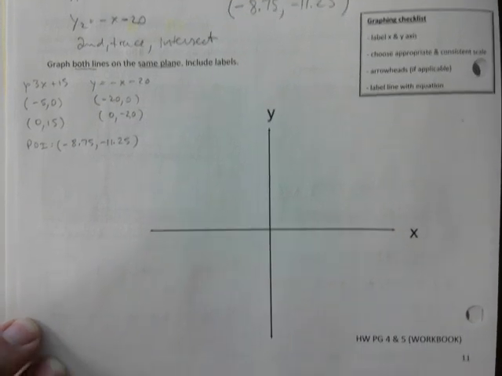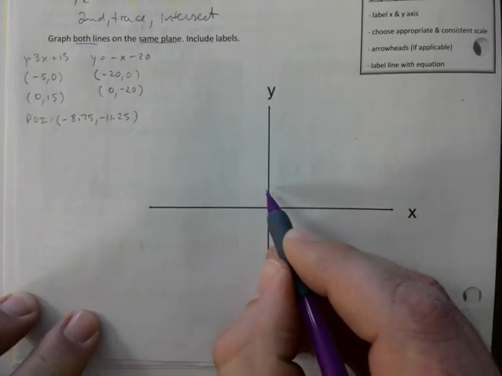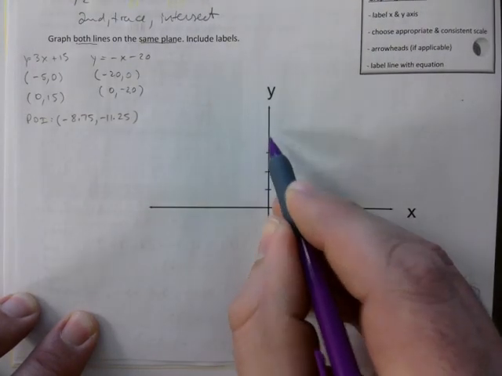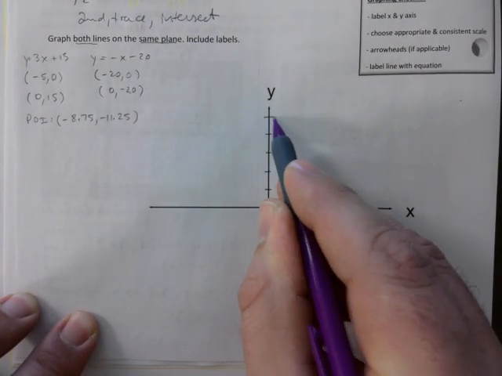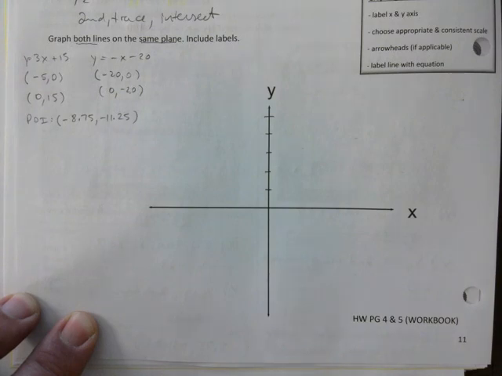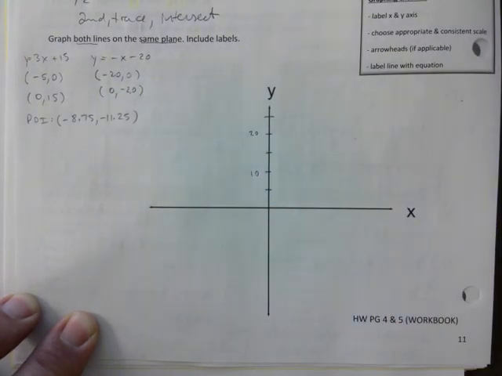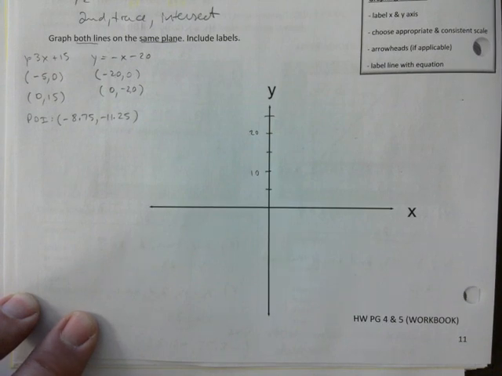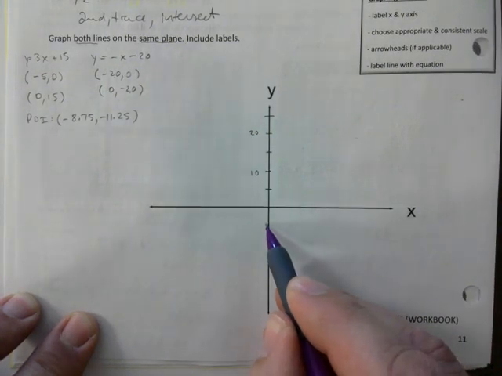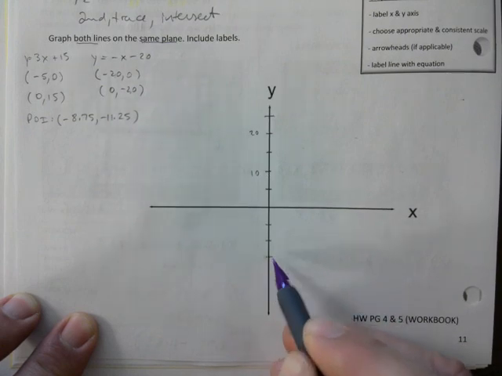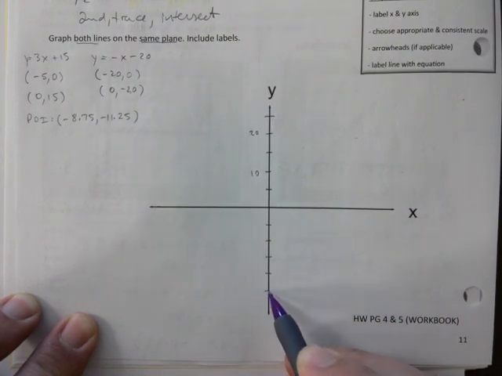I'm just going to go like this: 5, 10, 15, 20, 25. Like I make a scale that will for sure work for me. And I don't label every single one once it comes down to this point. I'm just going to go like that. And I do the same thing going down: 5, 10, 15, 20, 25.